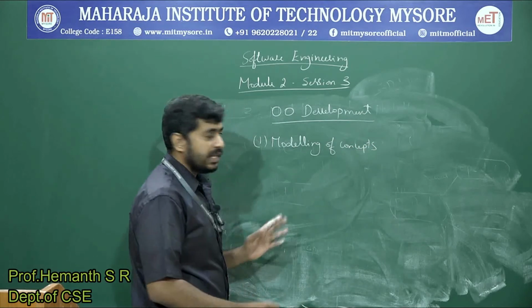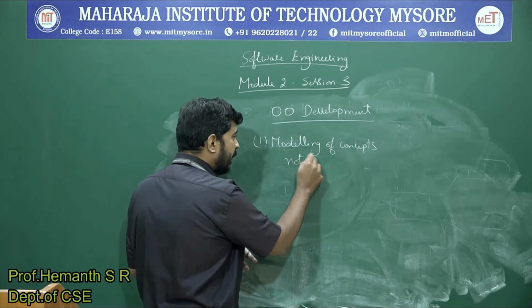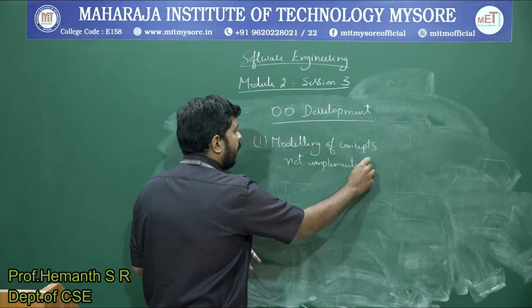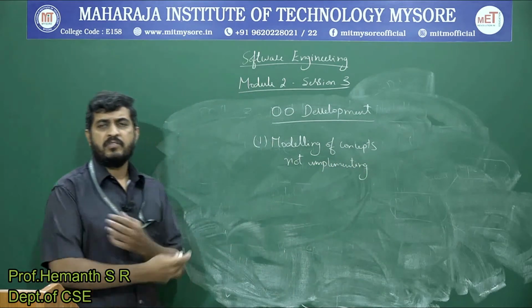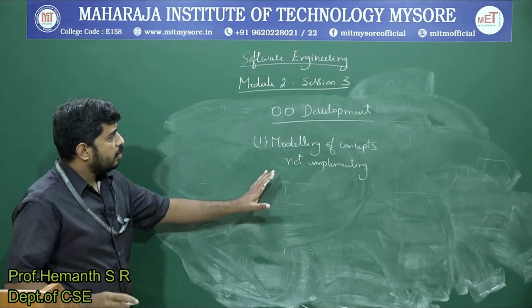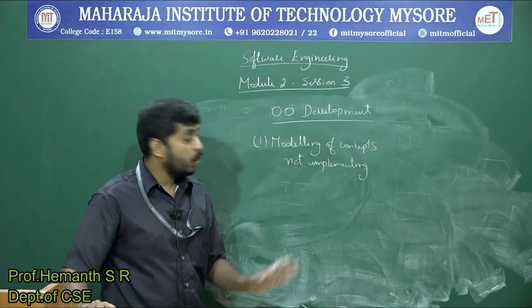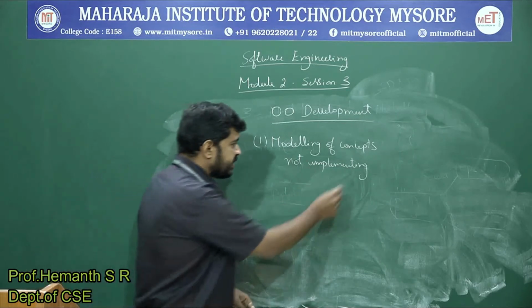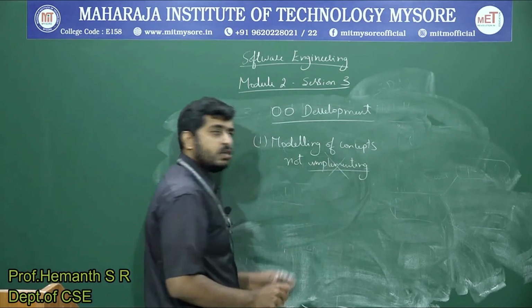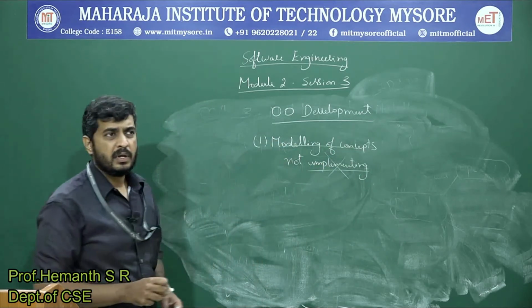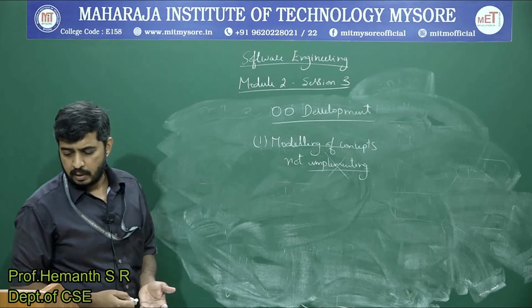We are modeling the concept, not implementing. Module 2 is all about the design aspects of the software. Nowhere are we touching upon the implementation. It's only design, through modeling.